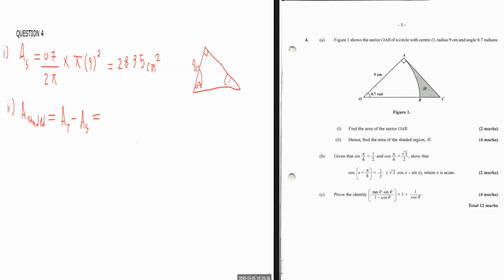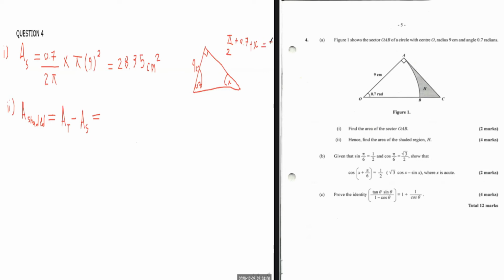What is this other angle going to be equal to? Angles in a triangle sum to 180, which is pi radians. So if it's pi radians, we know that this is pi by 2. So pi by 2 plus this angle of 0.7 plus this unknown angle, let's call it x, must equal 180. 180 is pi.